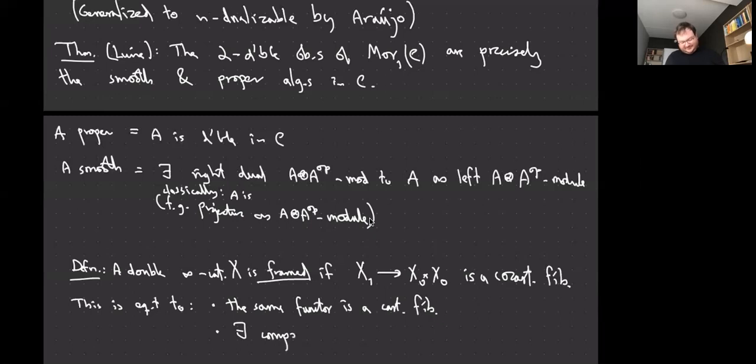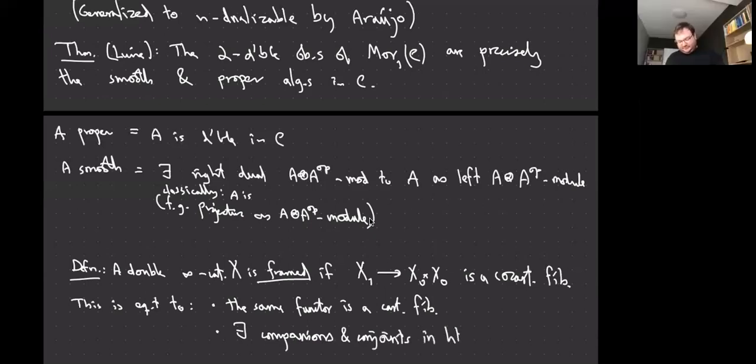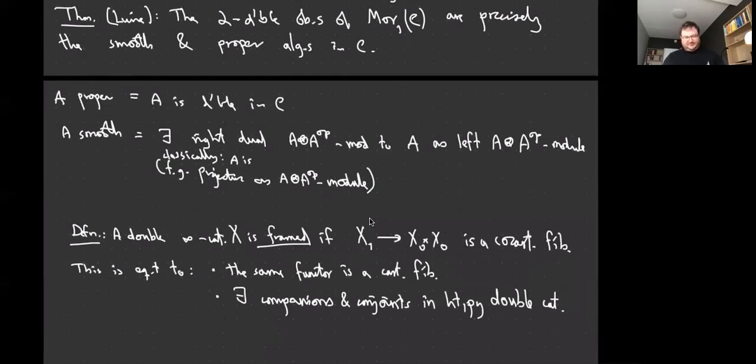Companions and conjoints, maybe? Yeah, I think so. And this is basically a condition on the homotopy double category, the homotopy double category without infinities. So the equivalence of these three things, if you remove the infinities, is the result of Shulman.